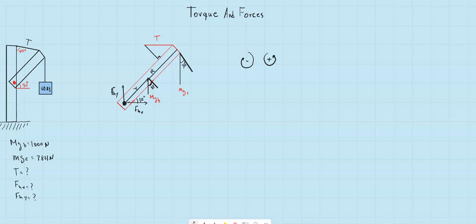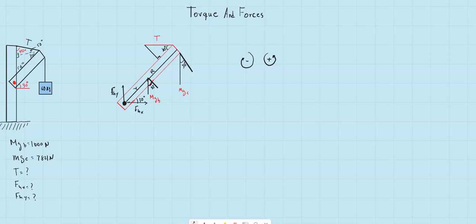To find this angle, all I have to do is find the perpendicular. If this is 60, this is 30. This is 30, this is 60 degrees. This is 30 degrees. So this must be 50 degrees, and these are my right angles. So this will be 30 and 50, which is equal to 80 degrees. Now I can go ahead and do all of my components of the forces.